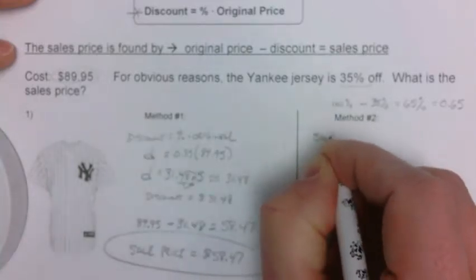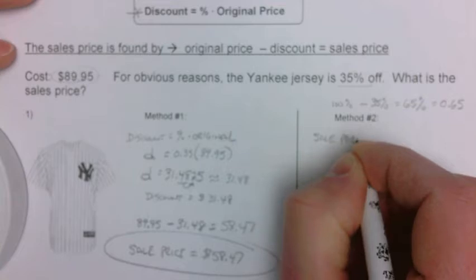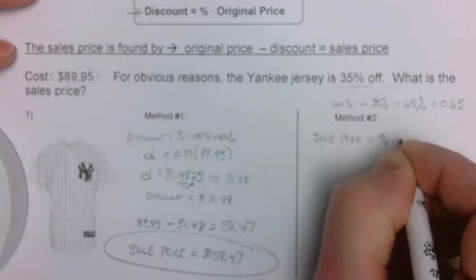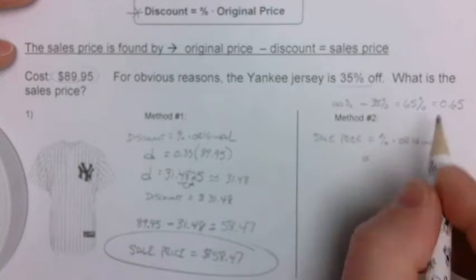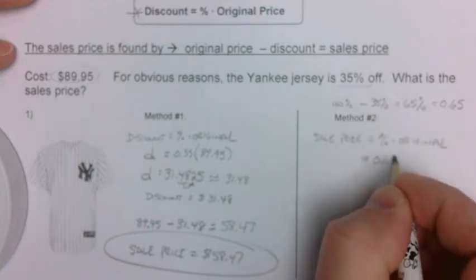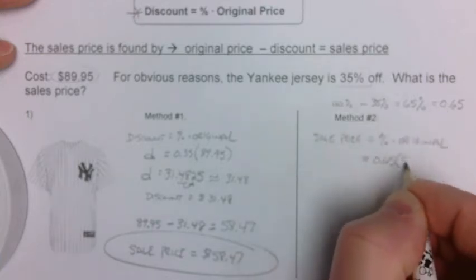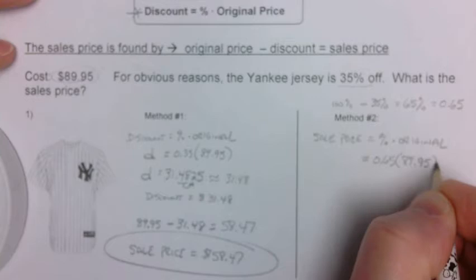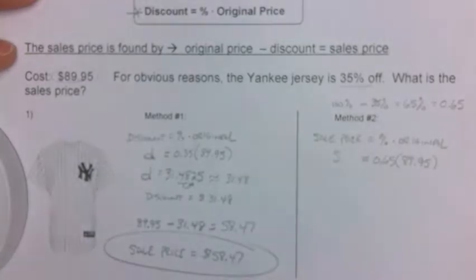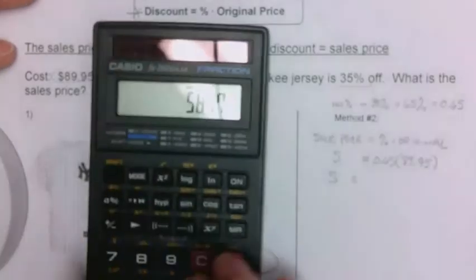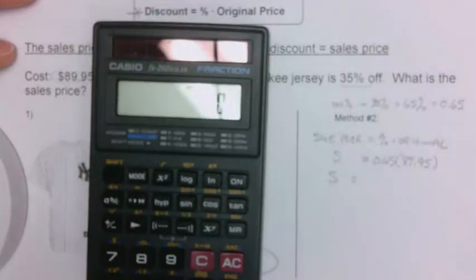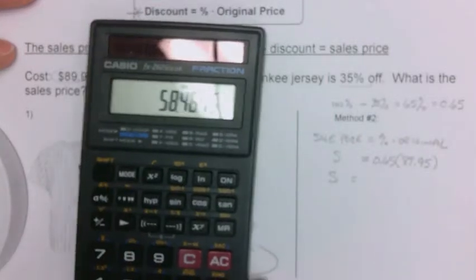So I can say that the sale price is equal to a percentage of the original price. The sale price is going to be 65% of the original price, which was $89.95. And I'll use S as my variable. To get our answer, all we're going to do is multiply. We're going to do 65 hundredths multiplied by 89 and 95 hundredths.